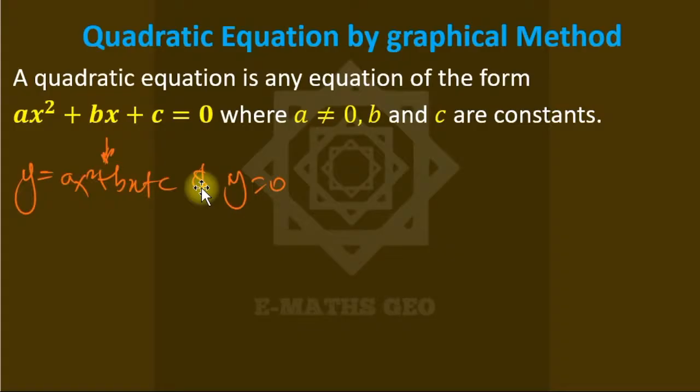So this means two different functions that intersect. So to solve a quadratic equation by graphical method, we need to plot these two functions. The first one, y equals ax squared plus bx plus c, and y equal to 0, which is another name for the x-axis.